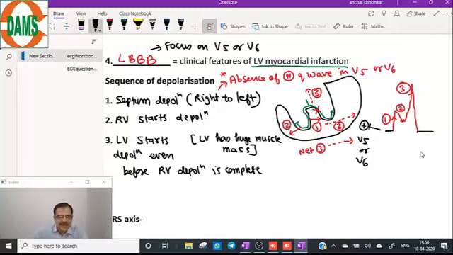So this is the left bundle branch block in V5 and V6, and this wave. So what will you call this wave?